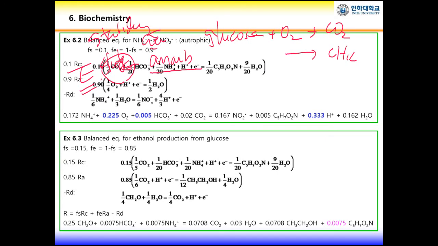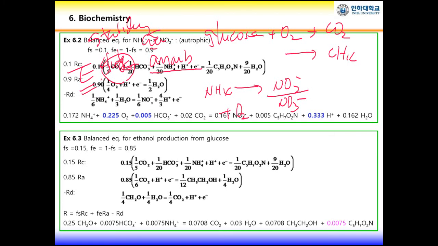And the second example is nitrification, or the NO3. If it oxidizes the ammonia to NO3, we need more oxygen, right? But what about the pH?